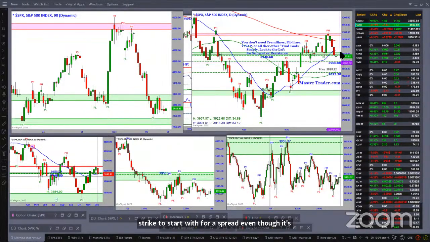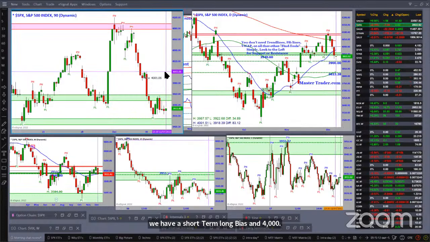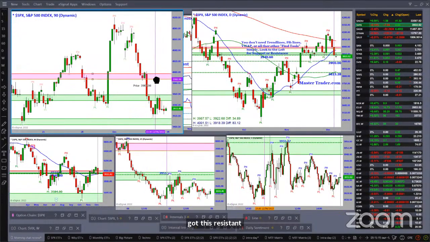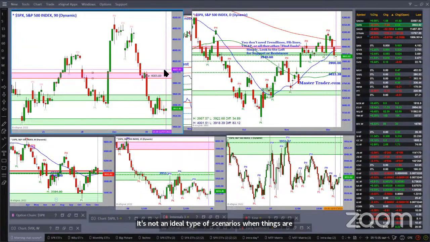Now, if we have a short-term long bias and 4,005, is it possible to hit that? Well, sure, but you've got this resistance here, but it's not an ideal type of scenario when things are bottoming at support. I don't think it could get beyond that.